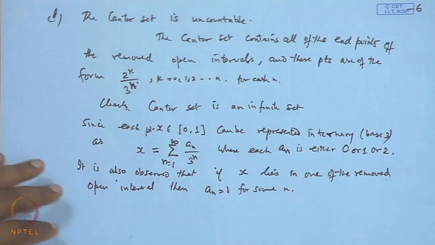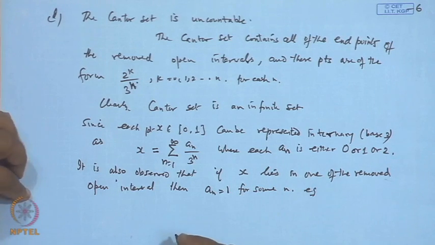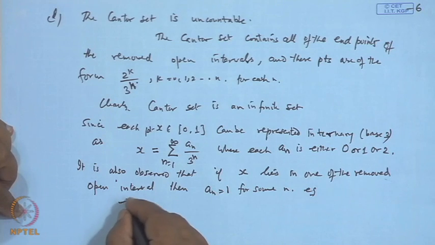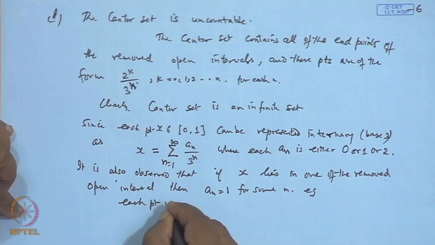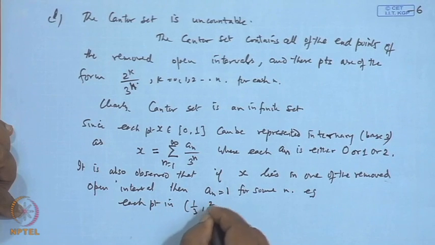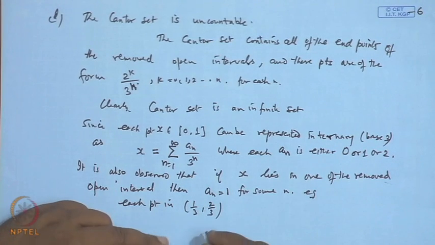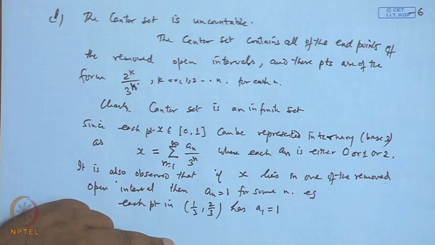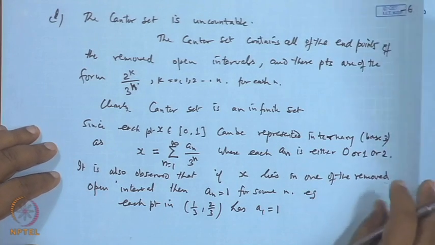For example, suppose I take each point in the interval 1/3 to 2/3. This is the dropped interval, and it has first term a_1 equal to 1. Similarly for the endpoints of the removed interval.